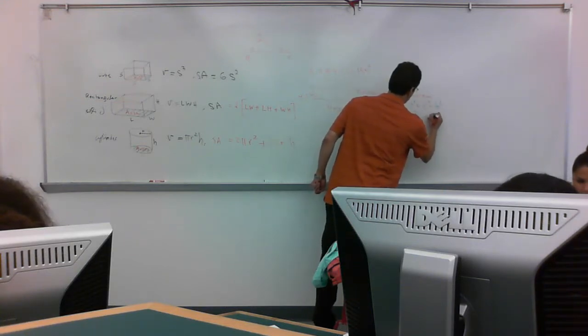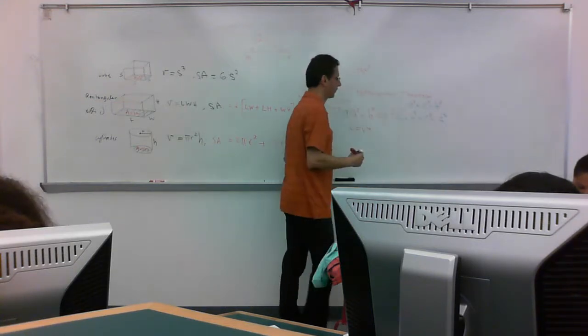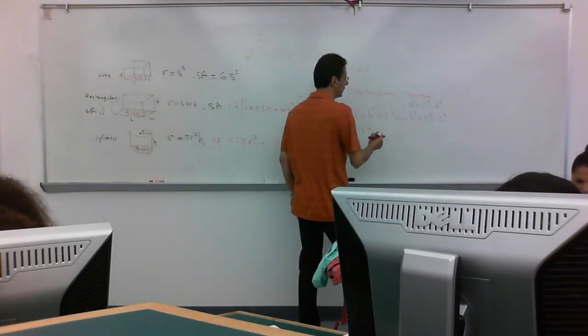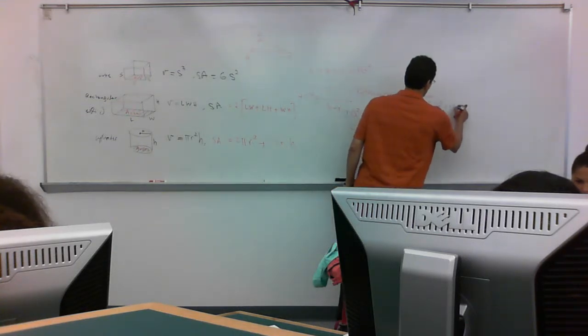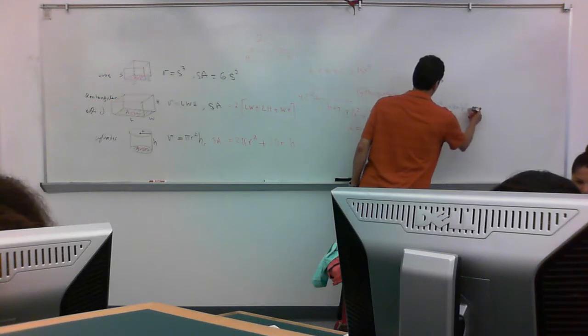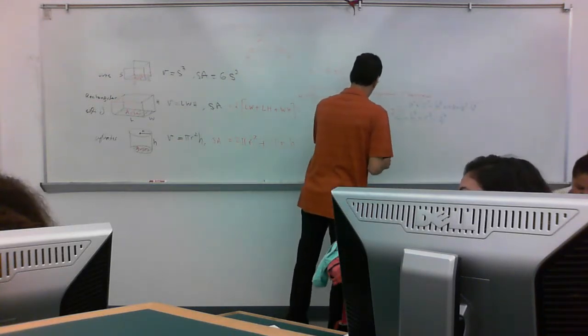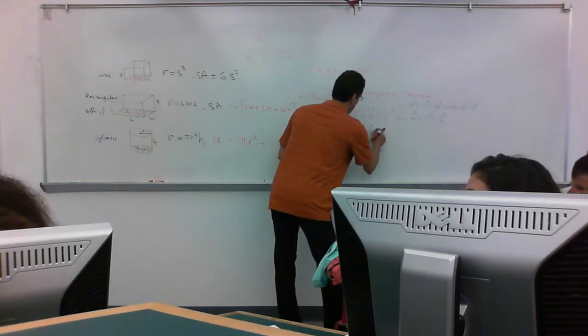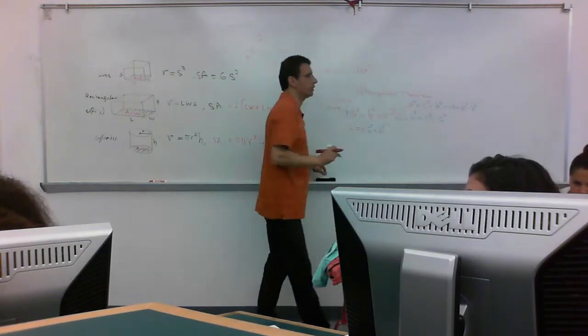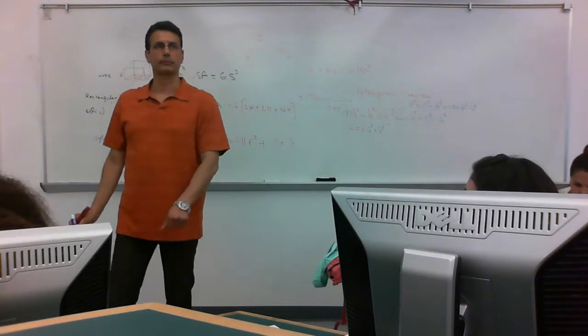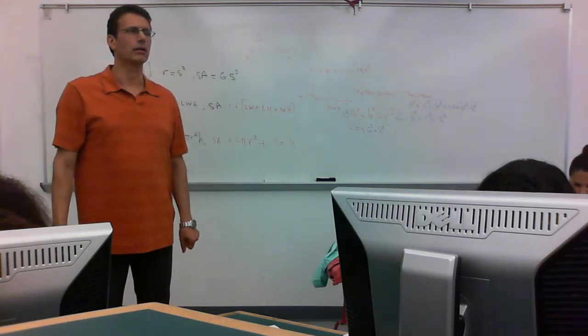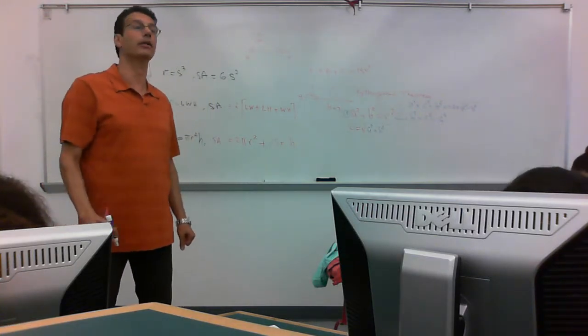B squared is C squared minus A squared. Or for that matter, A is the square root of C squared minus B squared. Or C is the square root of A squared plus B squared. They are all really referring to the Pythagorean theorem.